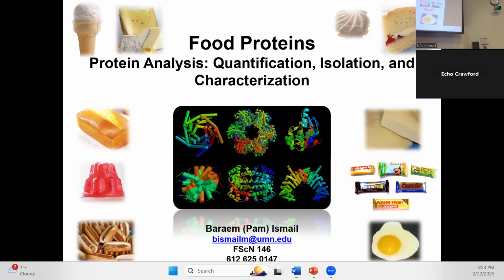I guess recently, with my protein isolate, I've been trying to isolate the protein using different extraction methods and see if that changes or results in different functional behaviors. Right now I'm looking at changing the pH at which we're solubilizing the protein and whether or not we apply thermal treatment.